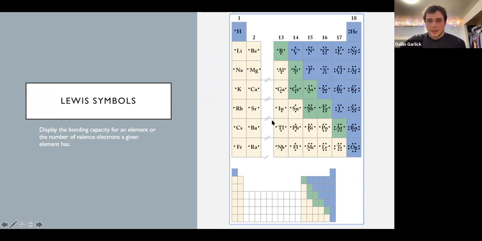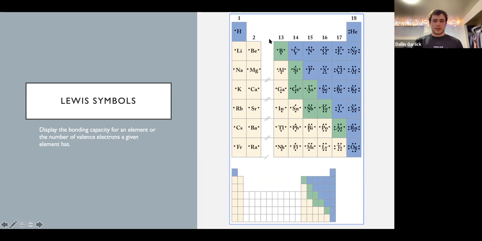We can know it just by looking at the periodic table. It goes by the different families or columns to know how many valence electrons are in each one. So column one has one, and two has two, and then we skip this area and start back at 13 with three, and then four, five, six, seven, and eight, except for one exception.